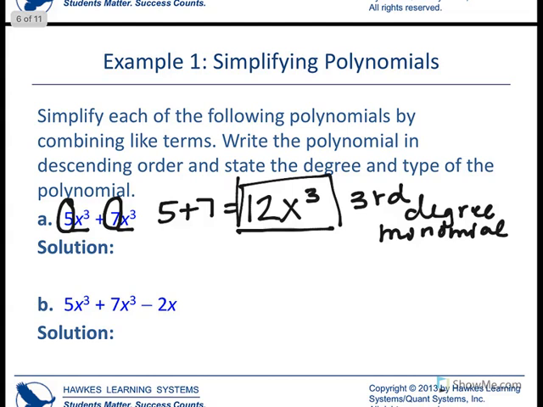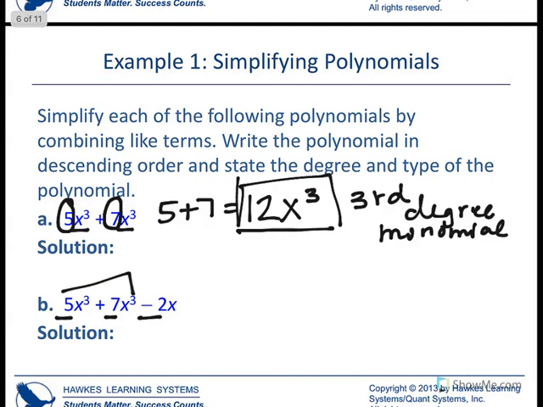Okay, the next one, B. If you look here, you're going to do the same thing. So 5, 7, and negative 2. The difference here is that you have 3 terms, but there's only 2 terms that you can combine.